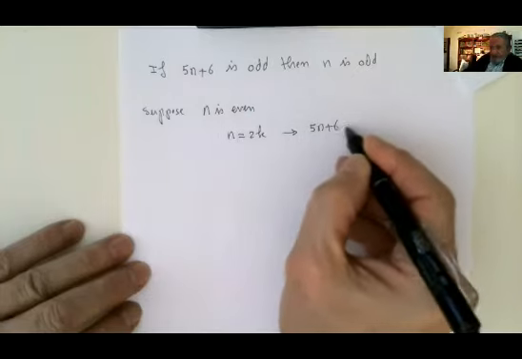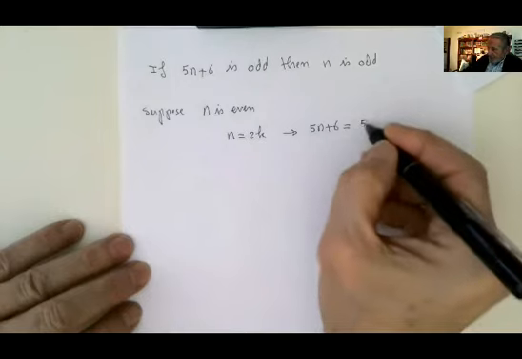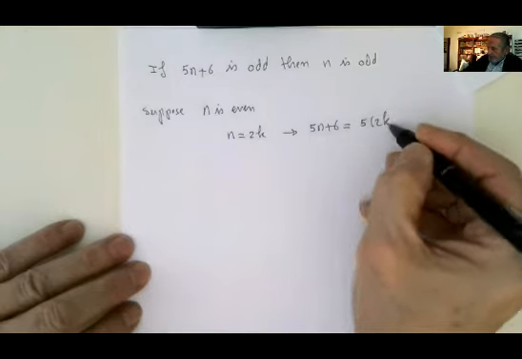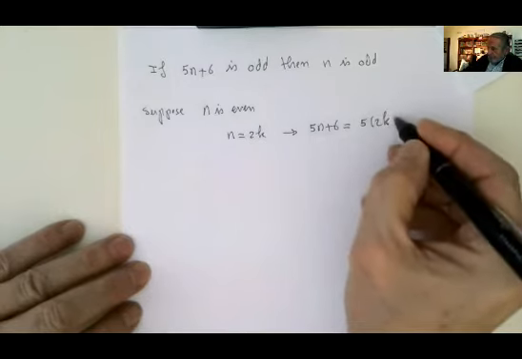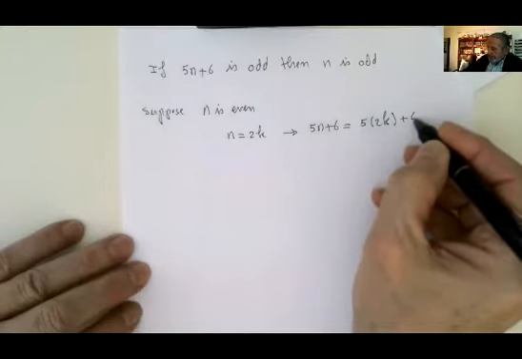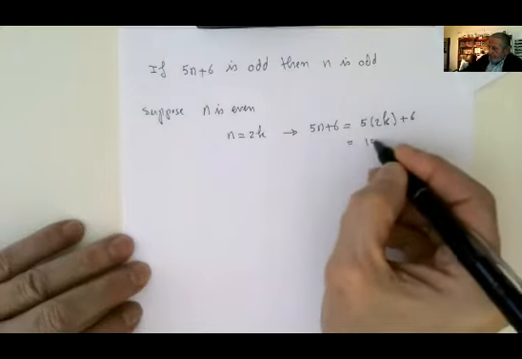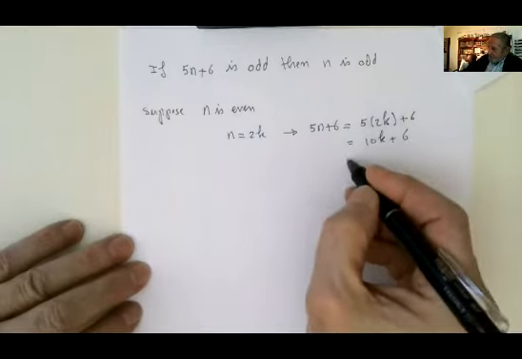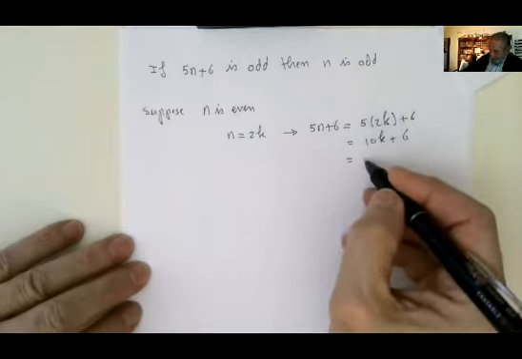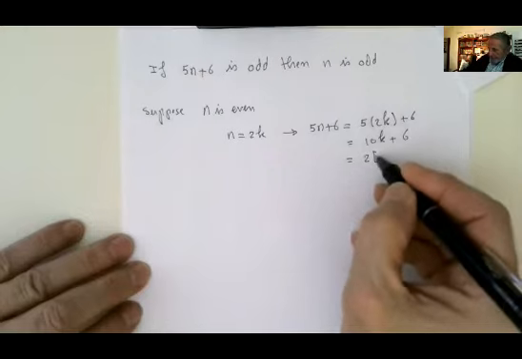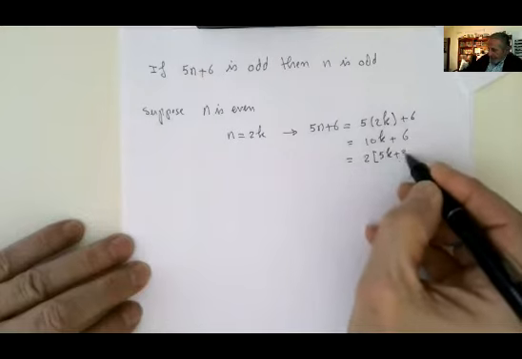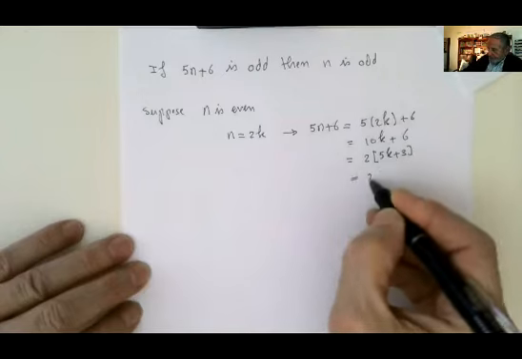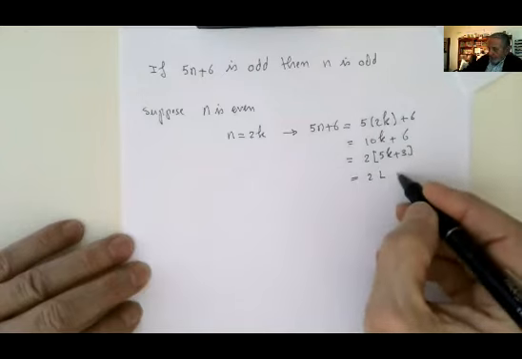5n plus 6 is equal to 5 times 2k plus 6, which is 10k plus 6, 2 outside, 2(5k plus 3), which is 2l, which is what?